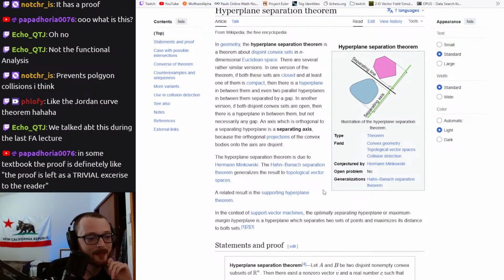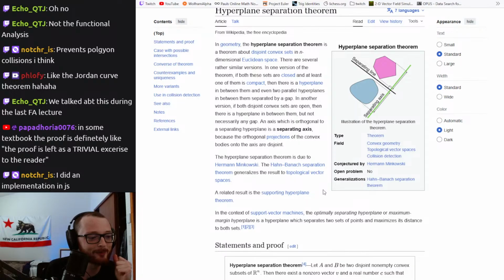Yeah, I would believe it. I had some geometry stuff like this come up in my PDEs class. We talked a lot about convex sets. In some textbooks, the proof is left as a trivial exercise to the reader, probably.